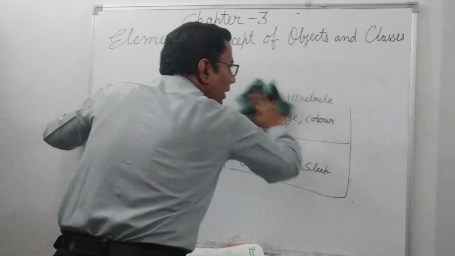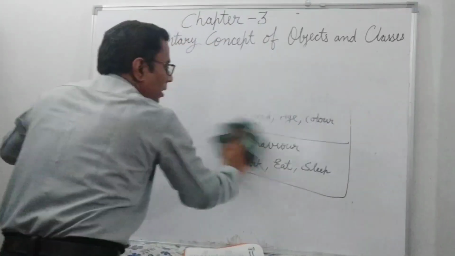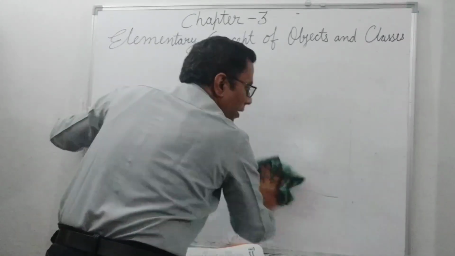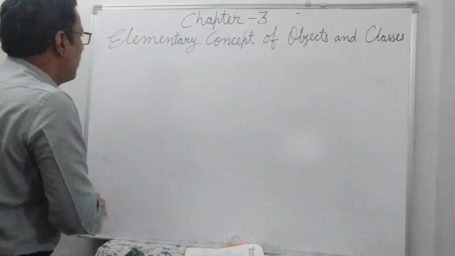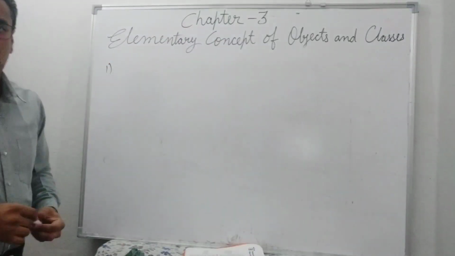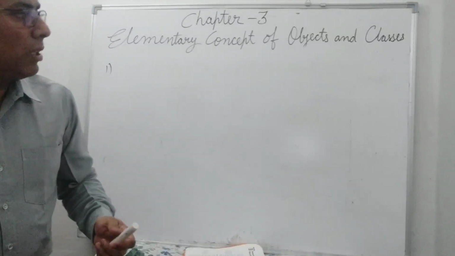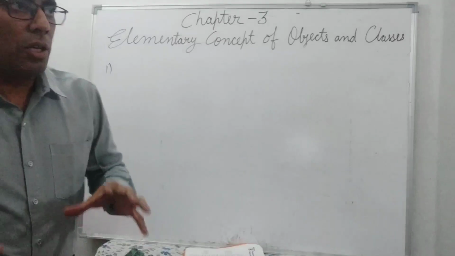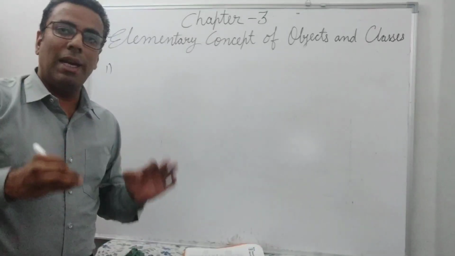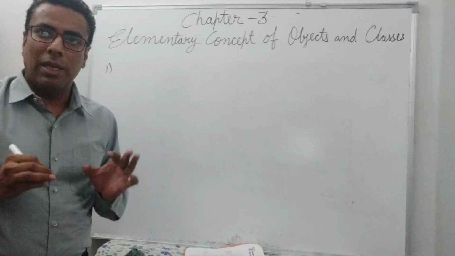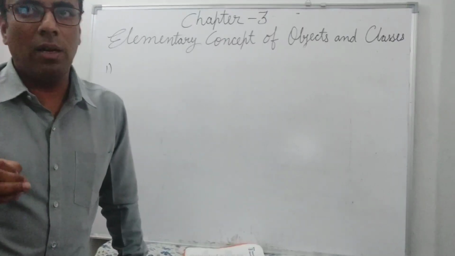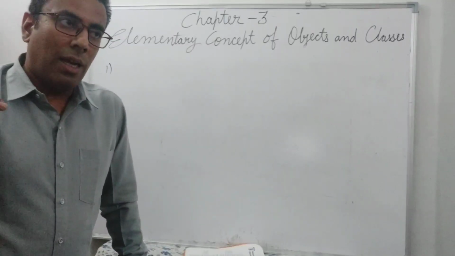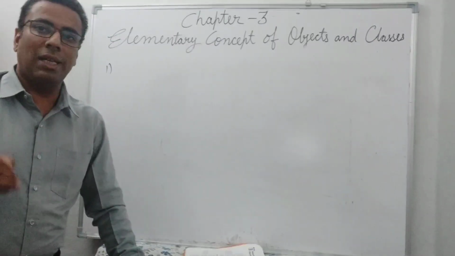Now, the next most important topic is the class naming rules. When you are giving the name of the class, you will follow some rules. Rule number one: in the name of the class you can use any letter of the alphabet, any digit, the underscore sign, or the dollar sign.